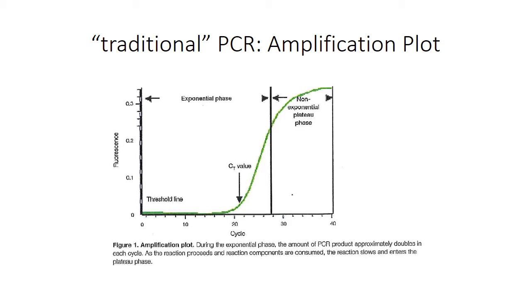It will only take a few cycles for you to have enough amplified DNA to be detected by the computer. On the other hand, if your samples had a low amount of DNA, you would have a high CT value. That would indicate that you had to do a lot of replication cycles before you had enough DNA in your product for the fluorescent signal to be picked up by the computer.